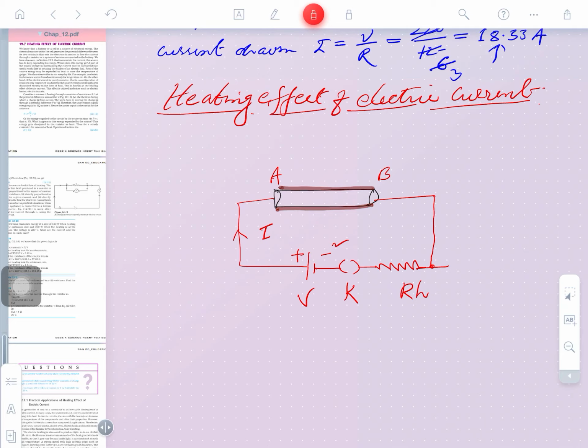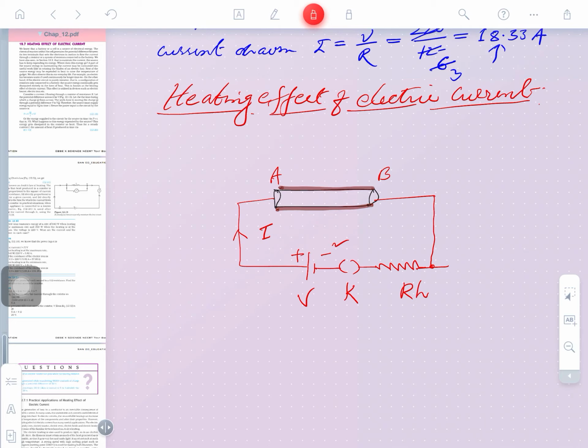As heat is a form of energy, where is the heat energy coming from? Obviously there is no fire. So by the passing of current, the conductor is becoming hot. We can say the heat energy may be coming from the electricity, obviously. So this can be called the heating effect of electricity or heating effect of electric current.